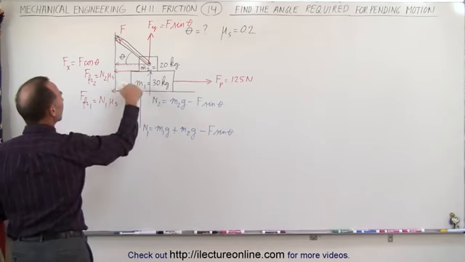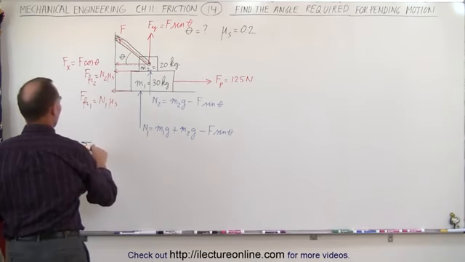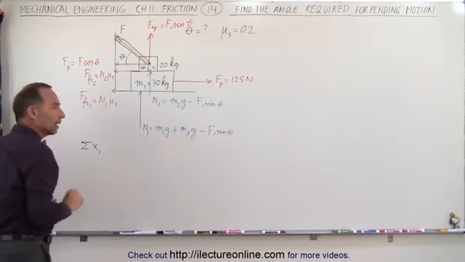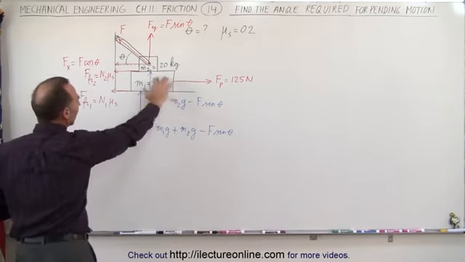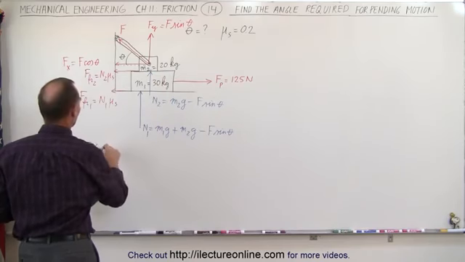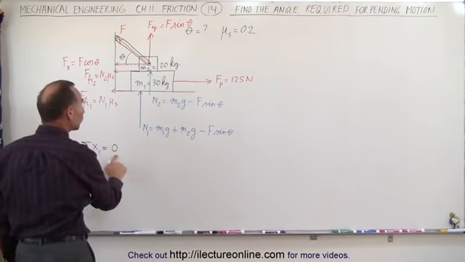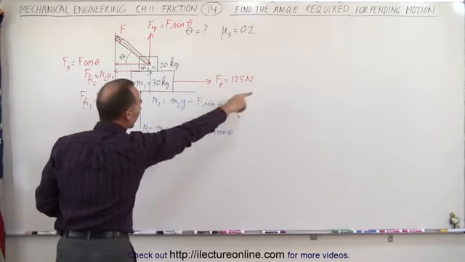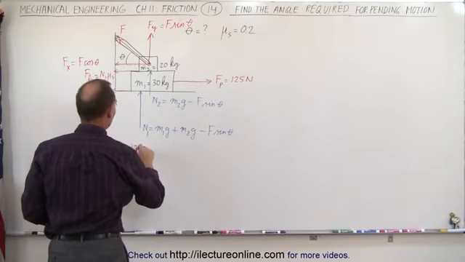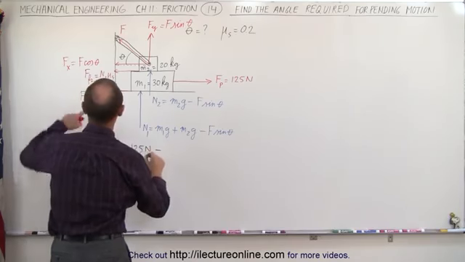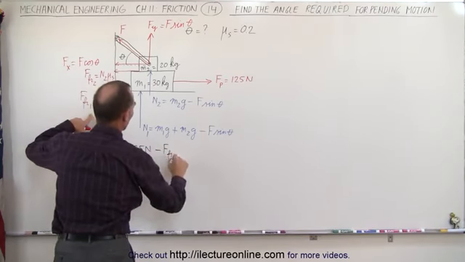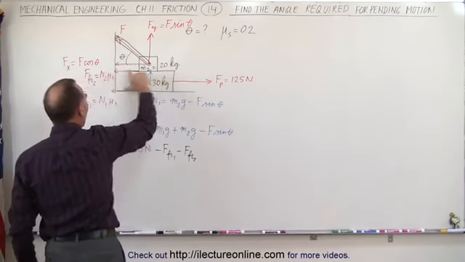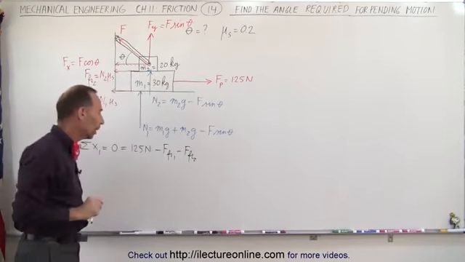The sum of all the forces in the x direction, let's call it x sub 1, because we're only working on the bottom block right here, should be equal to 0 because nothing is moving yet. And so that will be equal to the force pulling to the right, 125 newtons, which is positive, minus force friction 1 and minus force friction 2, because those two forces are acting in the opposite direction relative to block 1.